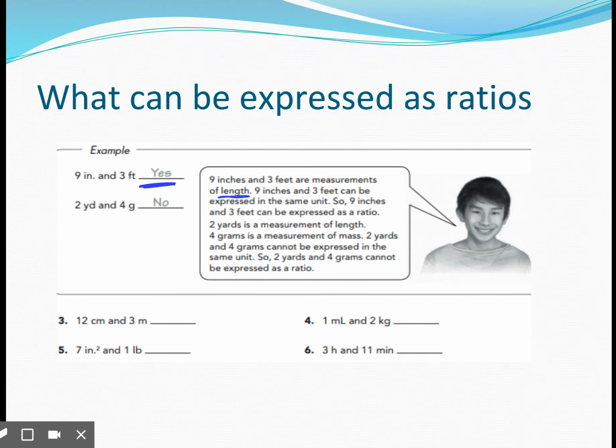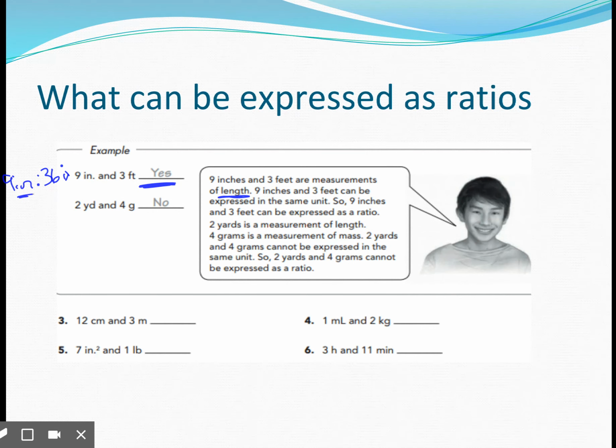So since they're both talking about length, we can describe that as a ratio. 9 inches and 3 feet could be expressed in the same unit as well. If you wanted to, this could be changed to 9 inches to 36 inches so that they would be expressed in the same unit or the same label.